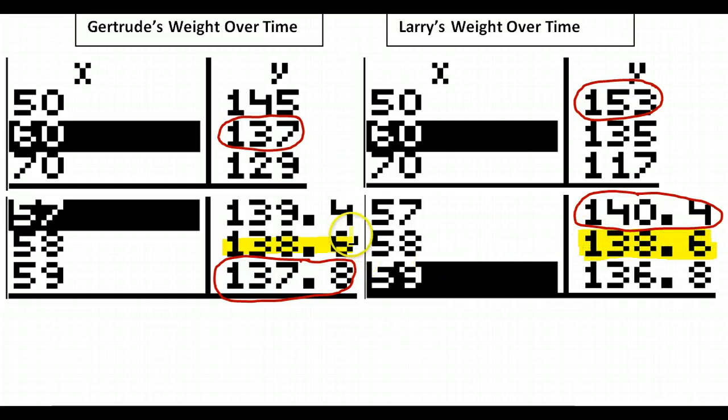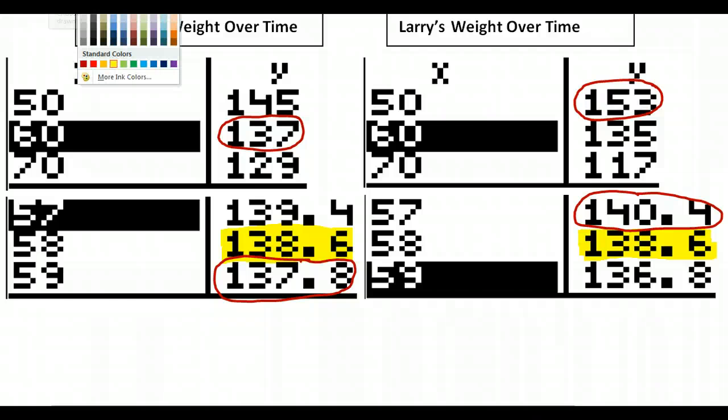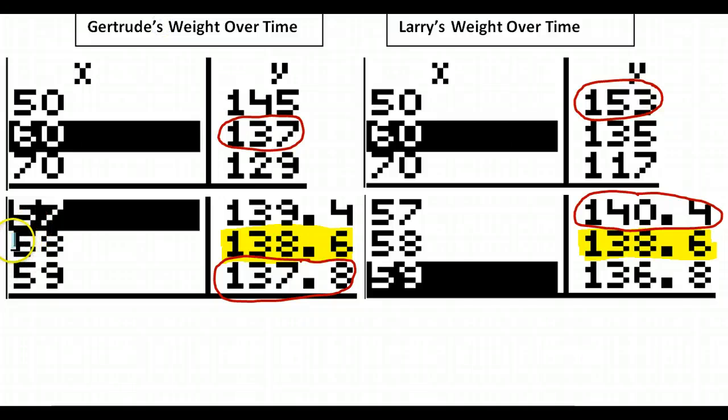Okay, they both weighed 138.6. So that means 58 weeks is the point in time where they weighed the same. And that's actually what we were trying to find, isn't it? So ding ding ding, 58 weeks is the magic number.